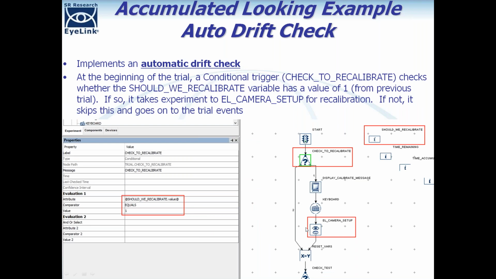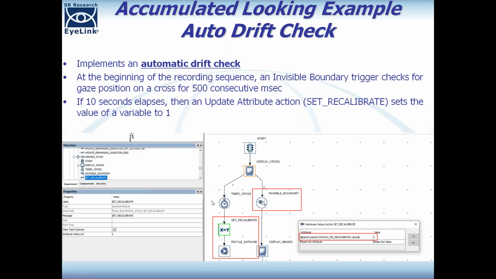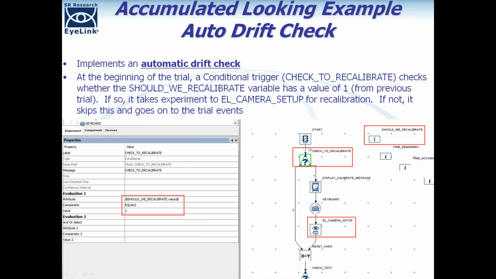And this stuff I'm showing here is actually in the recording sequence. So this is in the trial event sequence, once we've gotten past the prepare sequence and all the other trial preparation stuff. When we get to the next trial, at the very beginning of the trial sequence, we're going to use a conditional trigger to check whether that should we recalibrate variable equals 1.